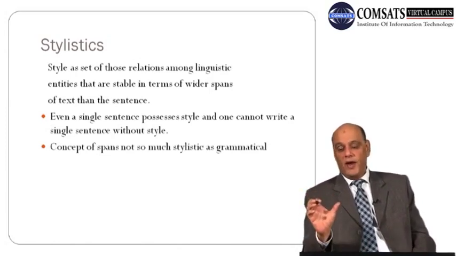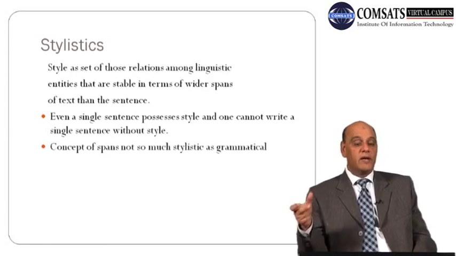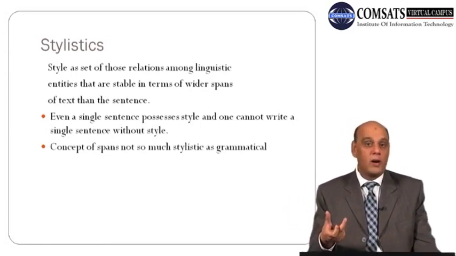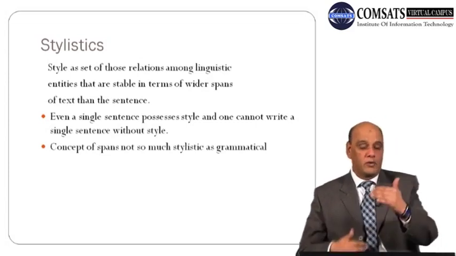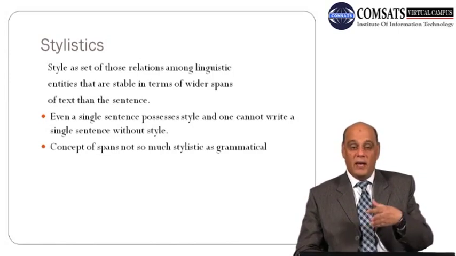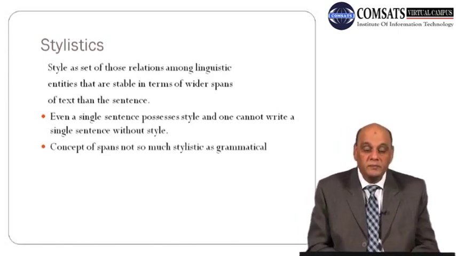There is a particular way the sentence has been used, a sentence conveys something. So even a sentence has a style individually, not to talk about the place of the sentence in the text, or the long text. And we can't say that only long texts help us in studying style. Even one sentence would give us a hint of the style of the writer.